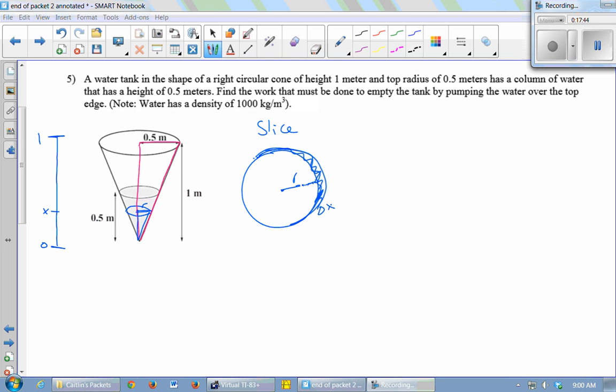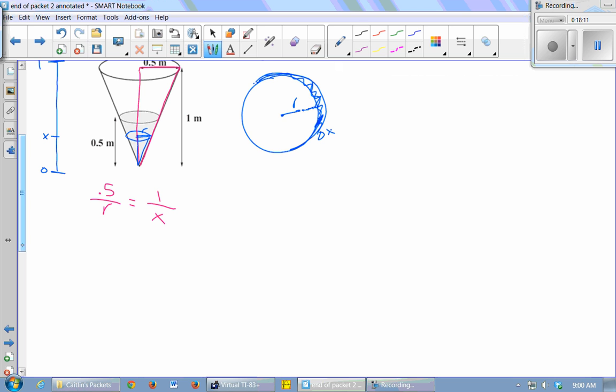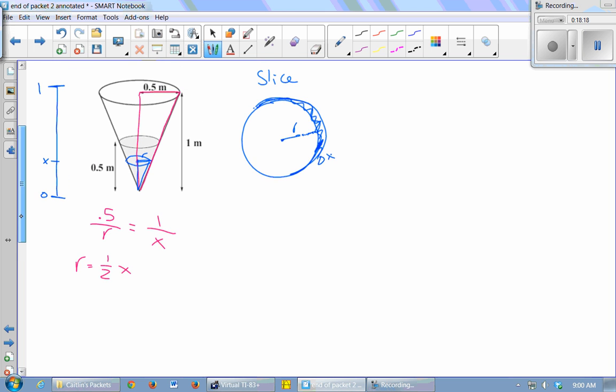So I could say the radius of the big to the radius of my little, 0.5 is to r as, then what other two measurements can I use? 1 is to x. The whole height of my pink triangle is a 1. The height of my little blue triangle is x, because I put that at a random height of x. And then I'm just going to solve this for r, because I want to be able to replace r with something with x's in it. So r is 1/2 x.